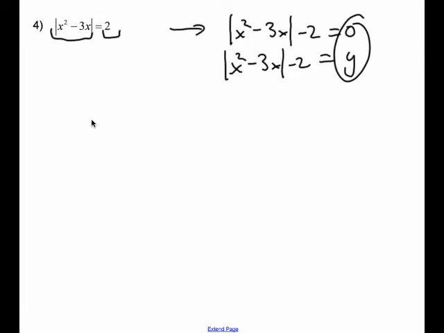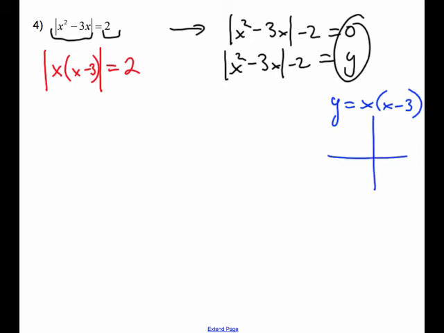Now the thing that makes this question a little bit more complicated is that the inside is a quadratic, so I can factor that. And I'm just going to go off on the side here, and I'm going to think of the graph x times x minus 3. I know that that would be a parabola with zeros of 0 and 3 opening up.